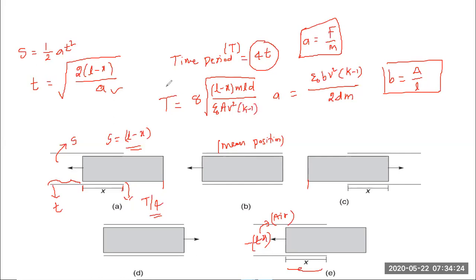This is going to be the complete time period. And if you want exactly this kind of problem, you can refer to H.C. Verma's 68th problem, which is asking directly the time period of oscillation. After doing the necessary calculations, you are going to get this as the time period.